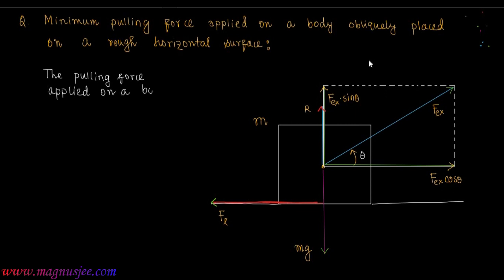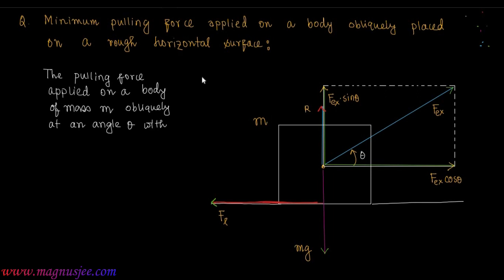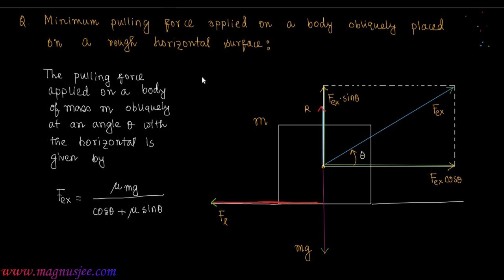The pulling force applied on a body of mass m obliquely at an angle theta with the horizontal rough surface is given by Fex equals mu mg divided by cos theta plus mu sin theta.